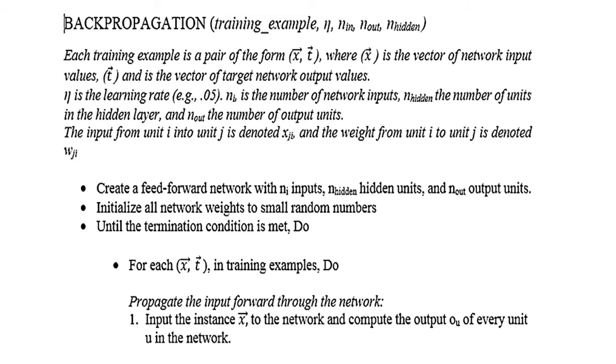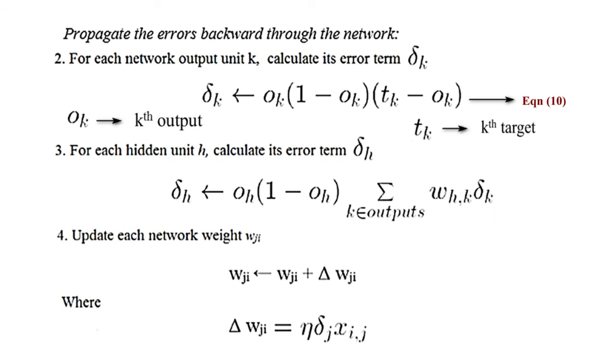Input the instance x to the network and compute the output o_u of every unit u in the network. Propagate the errors backward through the network.